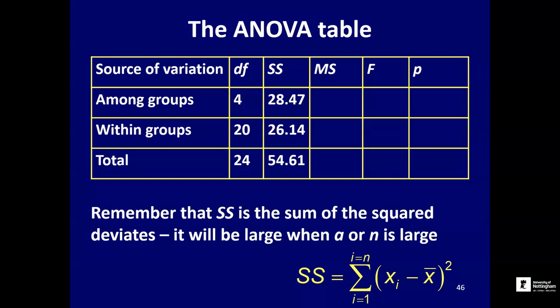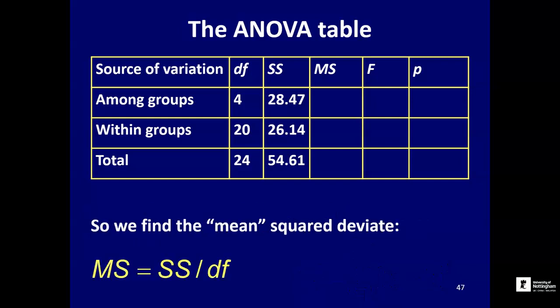So we've got 2 sources of extra data. So what we do is we take the sum of squares and we divide it by the relevant degrees of freedom to get an average amount of sum of squares per degree of freedom. And the answer to that is called the mean square.